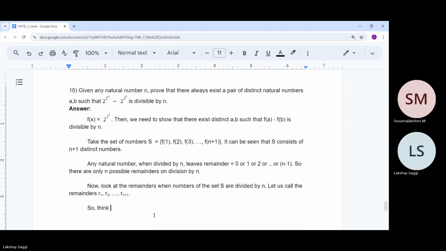So what effectively we can do is think of the possible remainders 0, 1, 2 till n minus 1 as n holes, and the numbers R1, R2 till Rn plus 1 as n plus 1 pigeons.